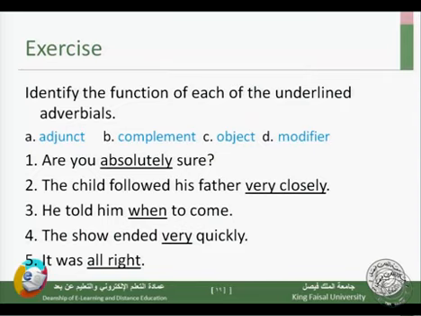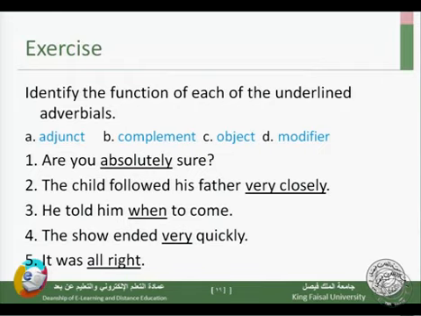Let's look at this exercise. Identify the function of each of the underlined adverbials. So they can either be adjuncts, complements, objects, or modifiers. First of all, are you absolutely sure? Sure here is an adjective, okay? And absolutely sure, absolutely modifies the adjective.